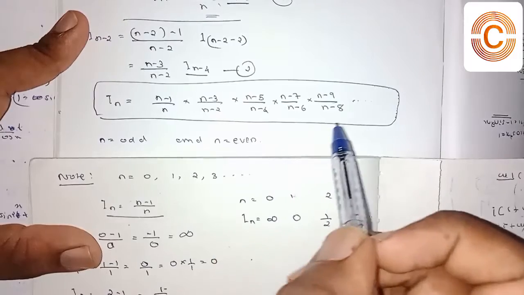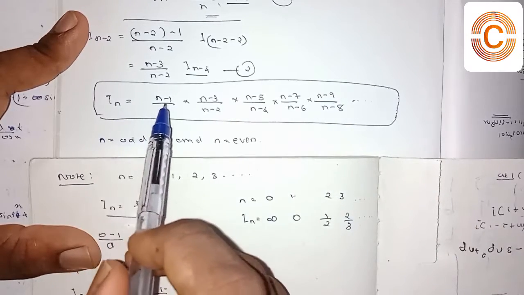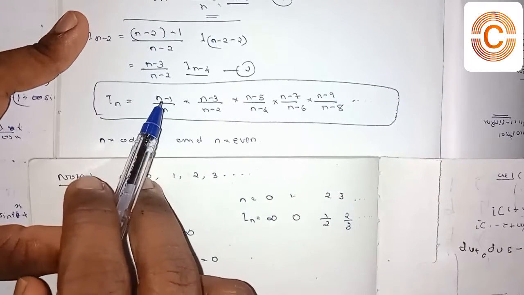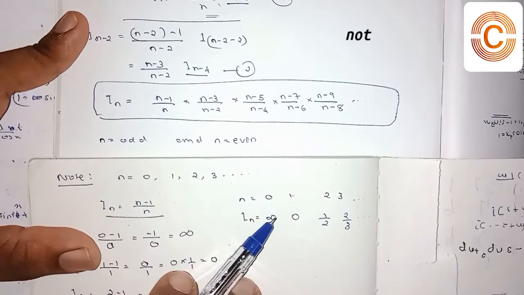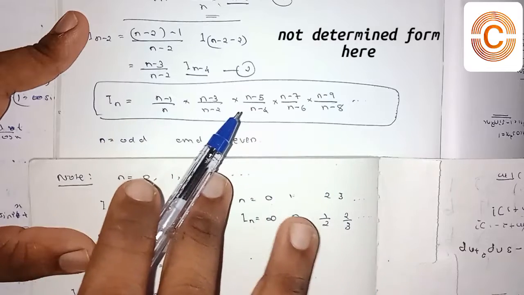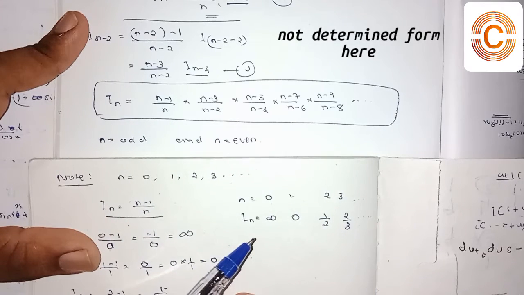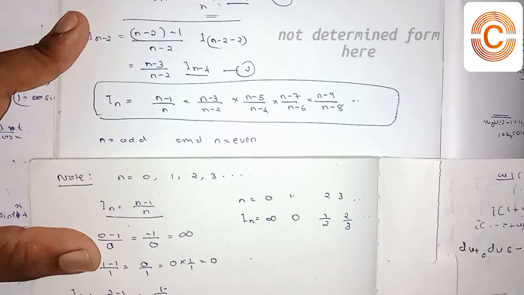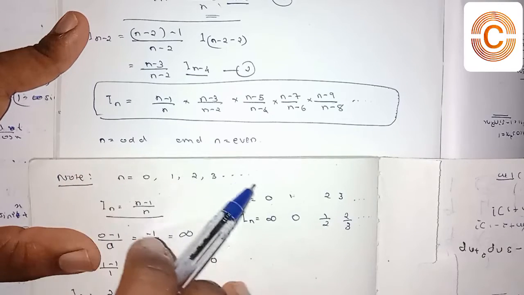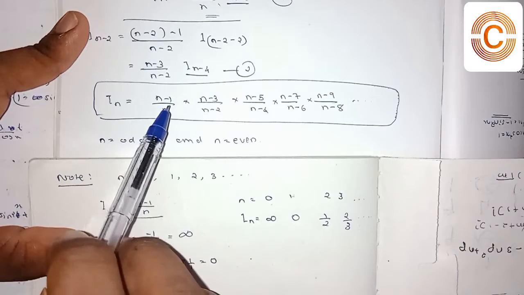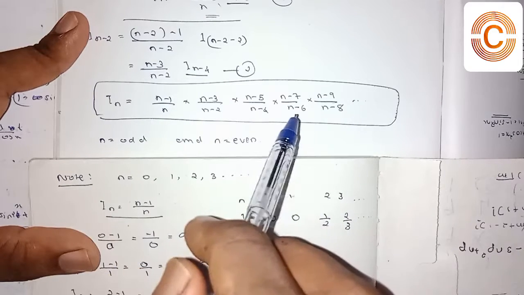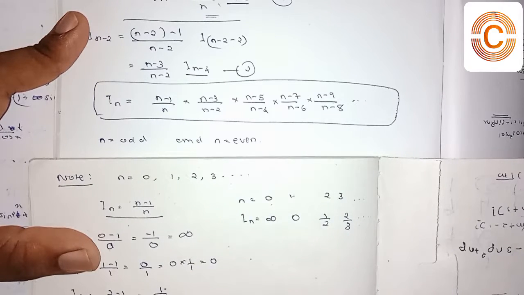Then from our equation for I_n, when we put n equal to 0, we get this first term, and when putting n equal to 1 here, then this is 0, which will be multiplied with the whole term, which will be converted into a 0 value.